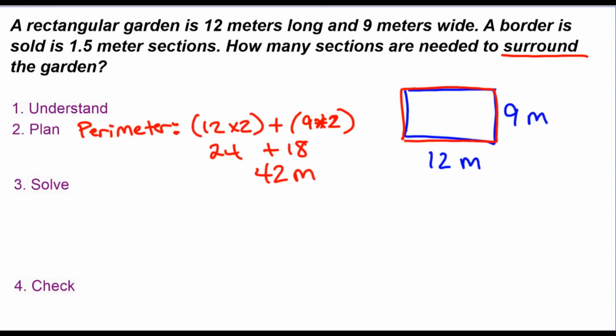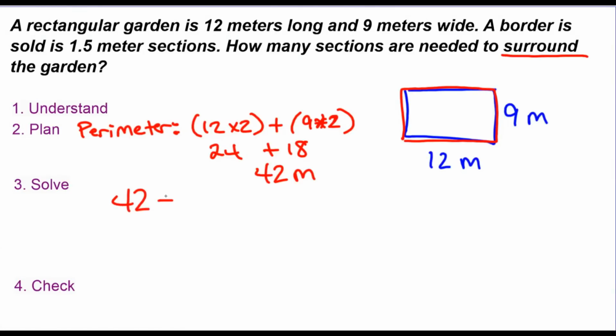That's a piece of information that I need. But that doesn't tell me how many sections of border I need. So how am I going to find out how many sections I need? Well, every section covers 1.5 meters. So how many 1.5 meter sections am I going to need to surround the garden? Well, I'm going to have to use division.